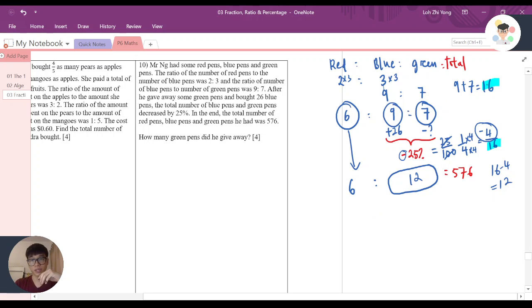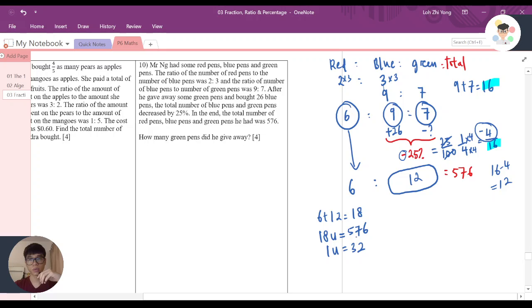Means that out of 16 units, I minus the 25%, which is actually 4 units, and left is 12 units. So 6 plus 12 is equal to 18. So the 18 units represent 576. And of course, we can find 1 unit is equal to 576 divided by 18, and that's 32.